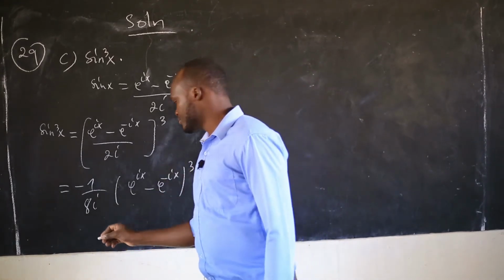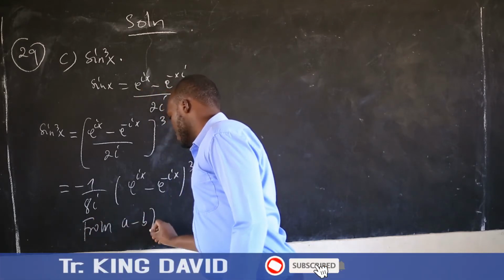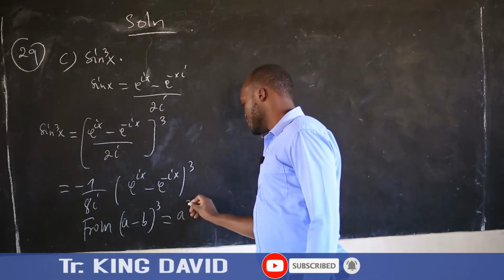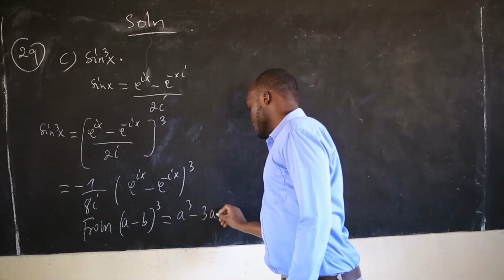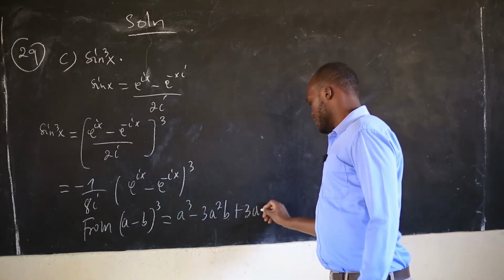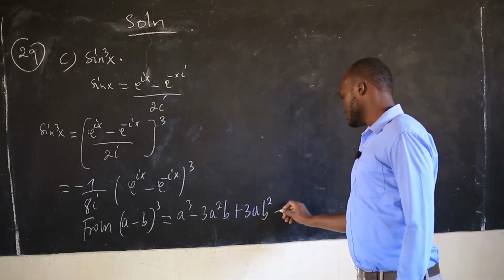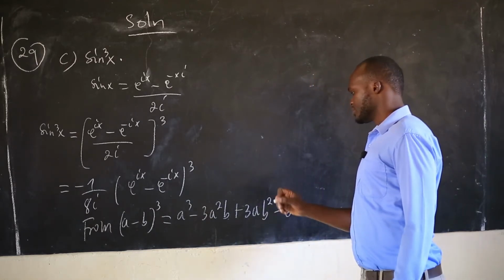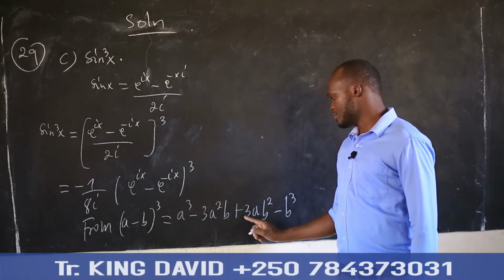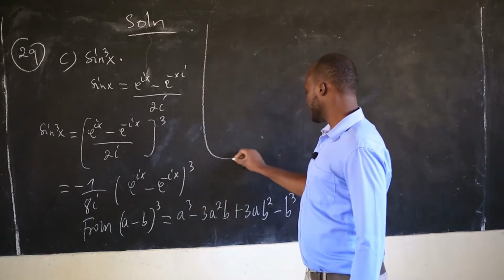We know that, if you remember, (a minus b) power 3 is a power 3 minus 3a squared b plus 3a b squared minus b power 3. So that's what we're going to use.